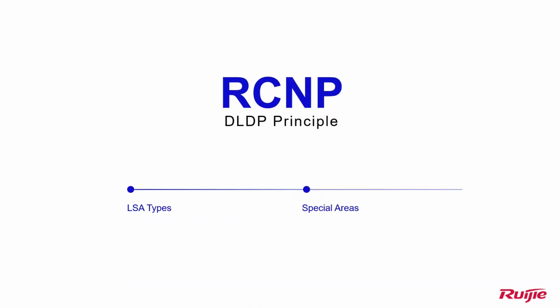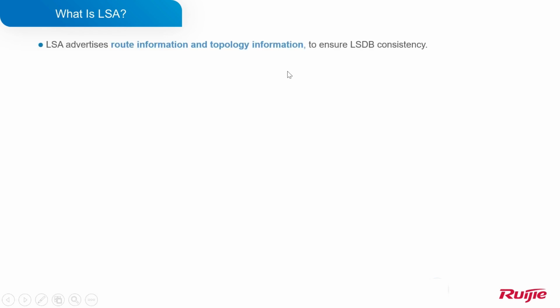First, we will introduce the LSA types. So what is LSA? LSA advertises router information and topology information to ensure LSDB consistency. In the OSPF basic principles part, we introduced that LSA information is included in LSU packets, and from the LSAs we build the LSDB.